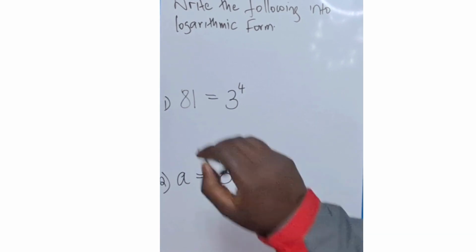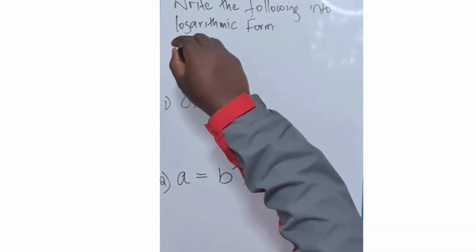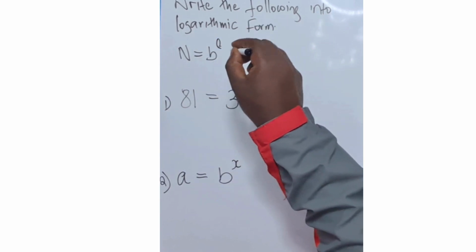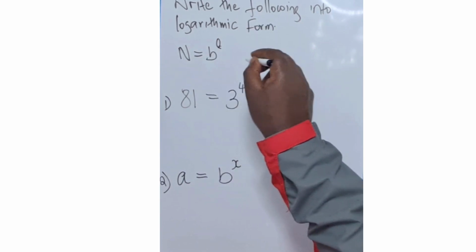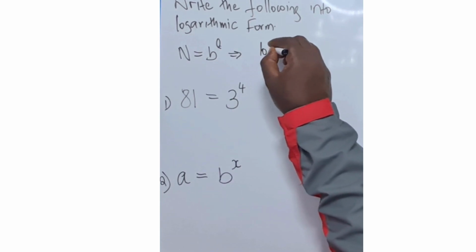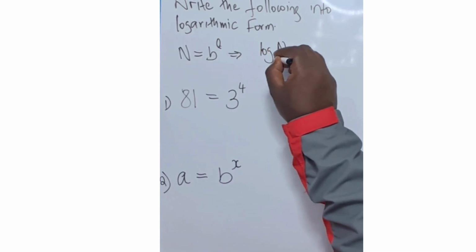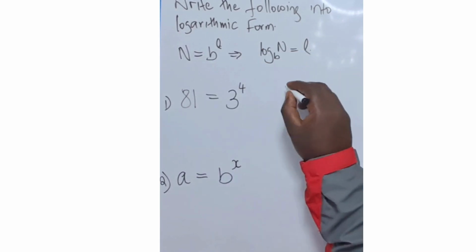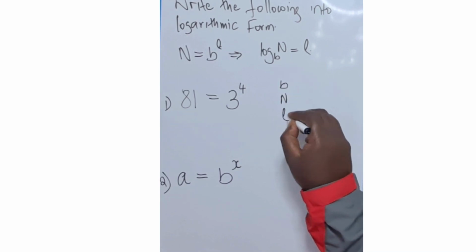Just to remind you, the definition says if you have n equals b to the power l, then this implies that log n base b is equal to l. So when you come across a sum like that and you're required to convert into logarithmic form, the first thing you must do is identify your b, your n, and your l.